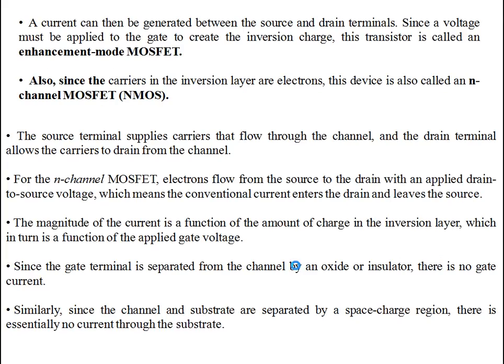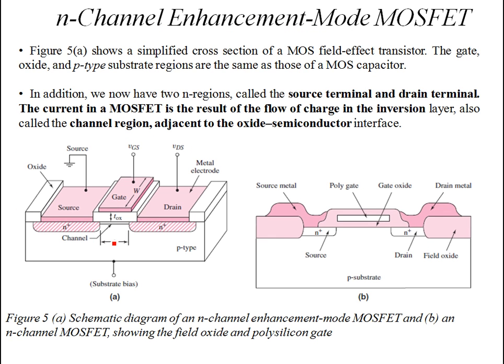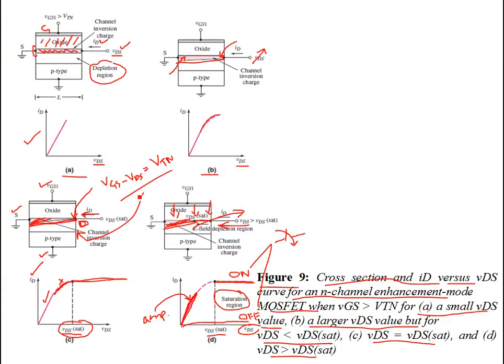This is the length of the gate, and this is the width of the gate. These are two geometrical parameters, which are set during the design and fabrication process of MOSFETs.